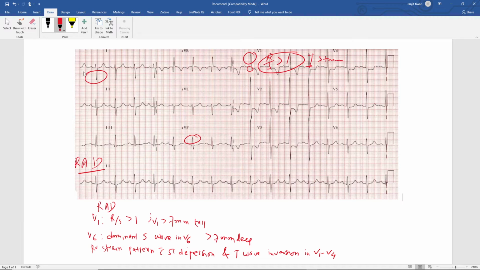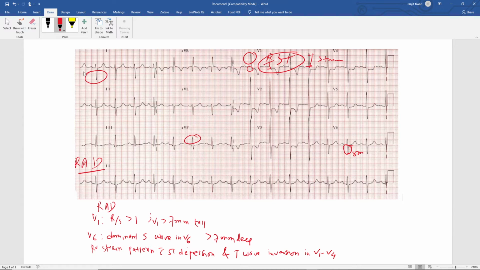So the R wave in V1 is greater than 7 mm, and in V6 the S wave is greater than 7 mm deep. You can see it is about 7 or 8 mm deep.